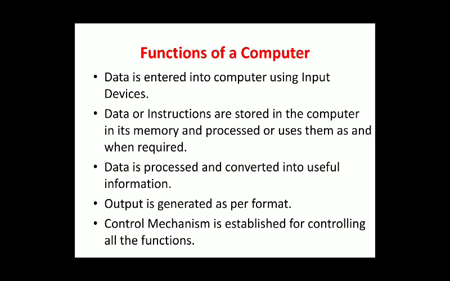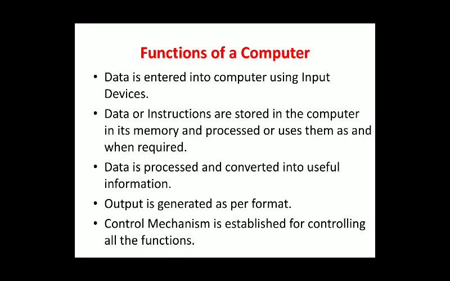Now a control mechanism is established for controlling all the functions. As and when things have to be controlled, the controlling function can be done by the computer. All the functions and routines of a computer can be controlled by the controller in a computer.